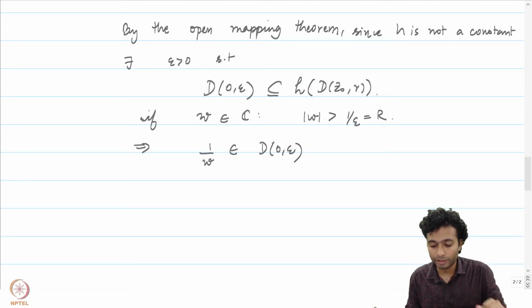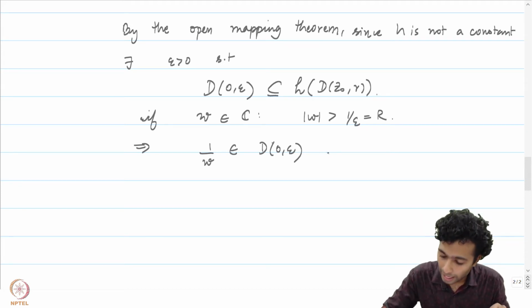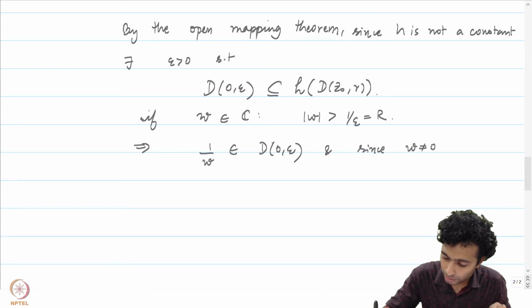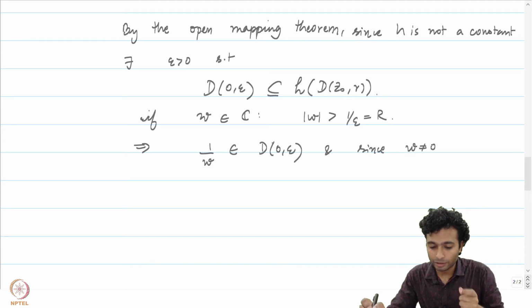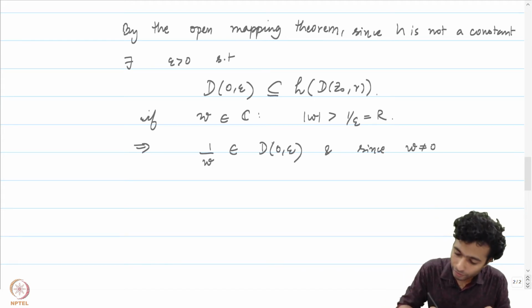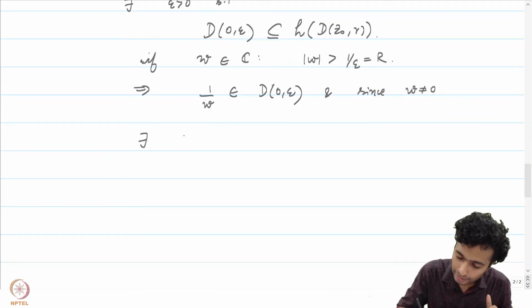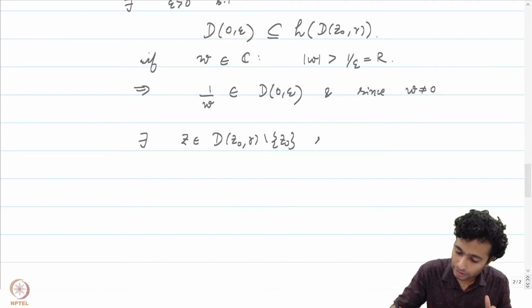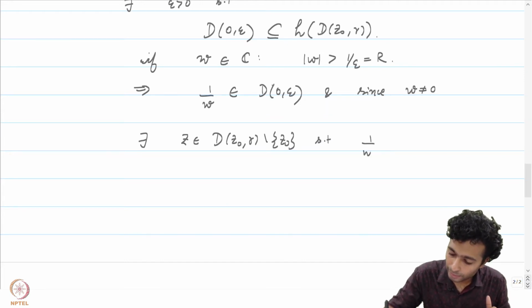So 1 by w is in D(0, epsilon), and since w is not equal to 0, and h maps only z0 to 0, there exists some z in D(z0, r) minus z0 such that 1 by w is equal to h of z.